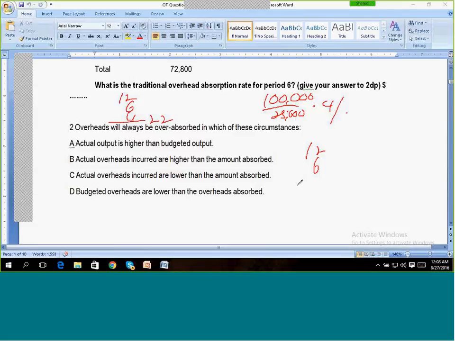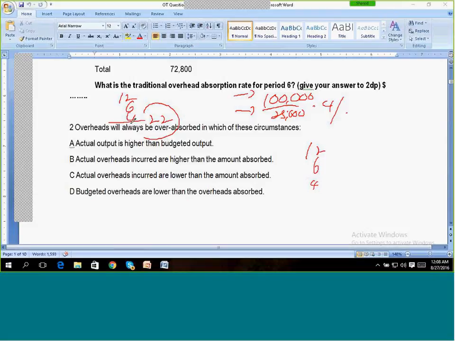This overhead you have to go on the basis of some budgeted figure. So at the beginning of the period, you will budget 100,000. Then during this period, you will use 25,000 machine hours and take it as 4. And if for one machine hour you charge 4, you say the cost is 22.